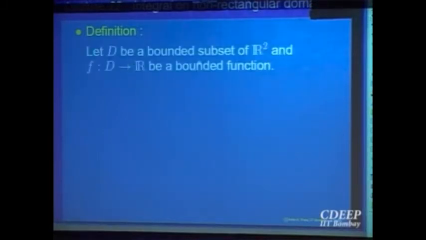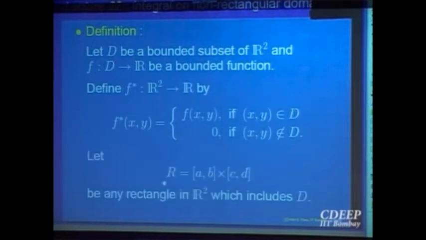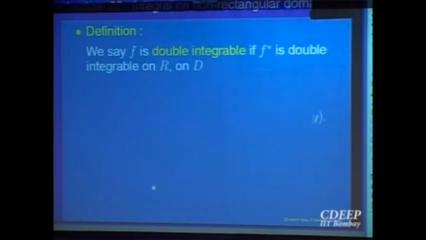So given a function f on a bounded subset, look at a rectangle which includes it, and define a function; you can actually extend it everywhere you like, it doesn't matter. Outside you define it to be equal to 0 and f(x,y) on D. Then take a rectangle which covers D, and you say that the function is integrable on D if this new function is integrable on that rectangle, and define the integral to be equal to the integral of the new function on the rectangle.